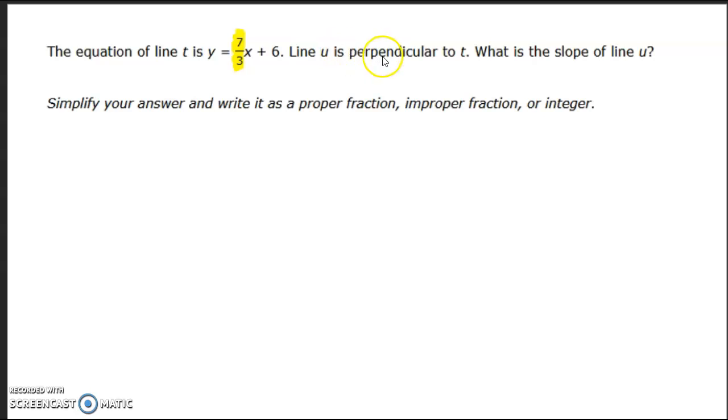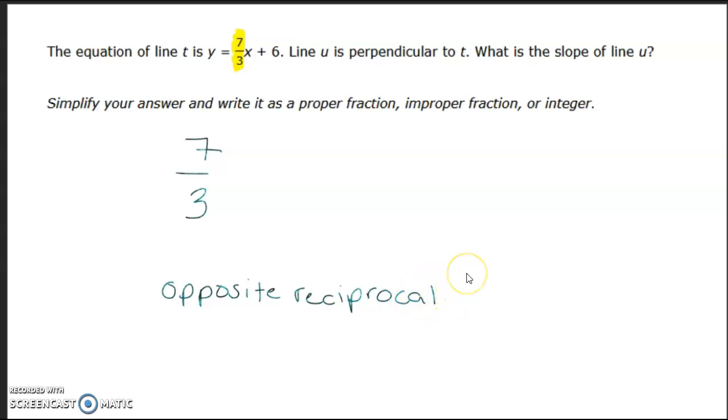Line U is perpendicular to that. So the first thing I need to tell myself is, okay, I need to find a perpendicular slope to 7 over 3. Well, perpendicular must have opposite reciprocal. Big words, but there's two words and it reminds me that there's two steps.